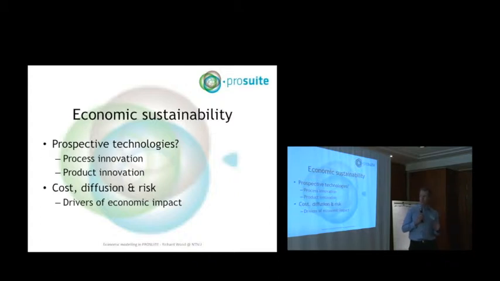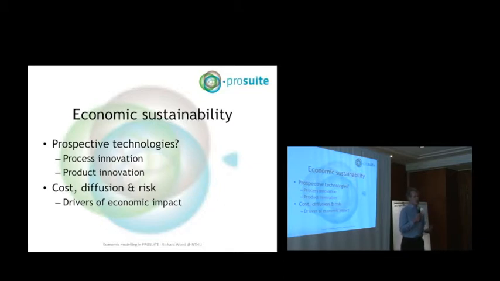Below these types of innovations, what we considered as the main drivers is the cost of producing a functional unit, just like we are familiar with in any life cycle costing tool. We were also very interested in the diffusion and the uptake of a product within the economy, and this is where we made the link to the macroeconomic modeling.